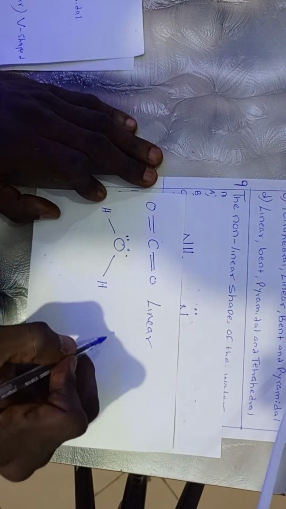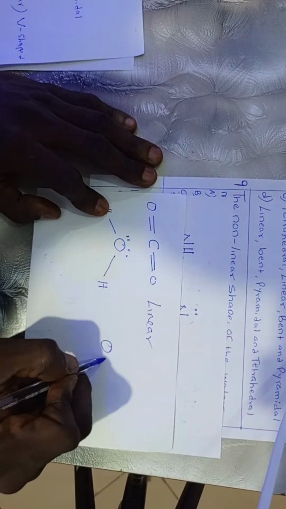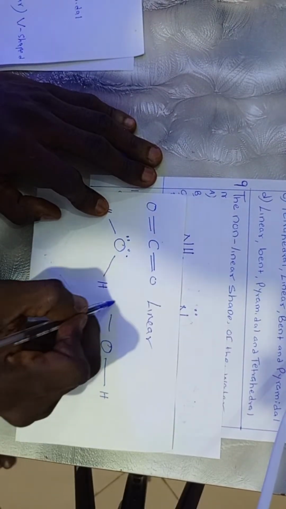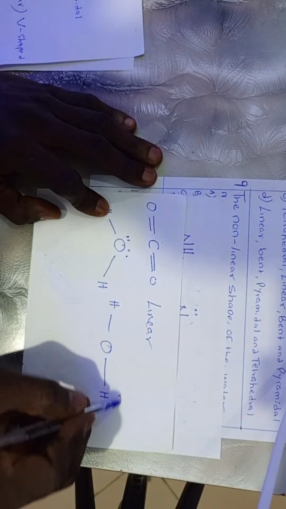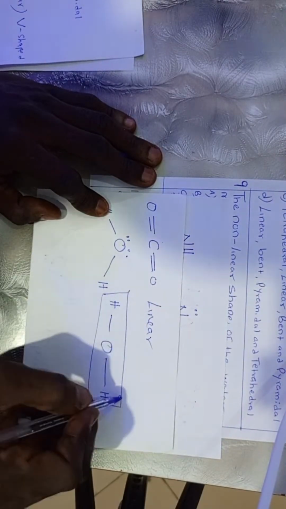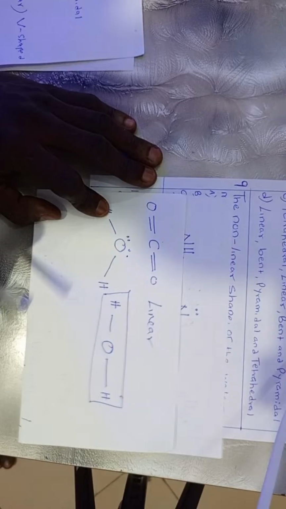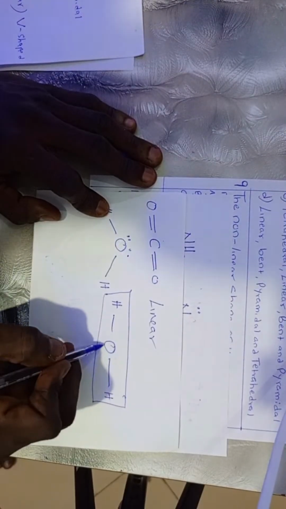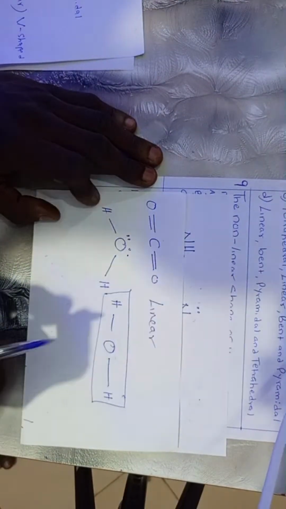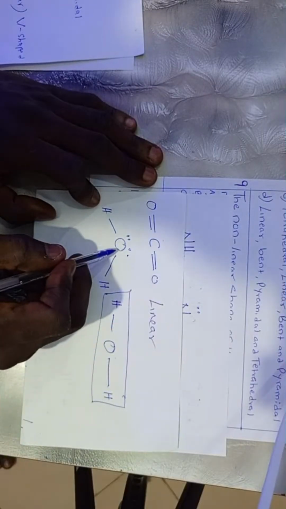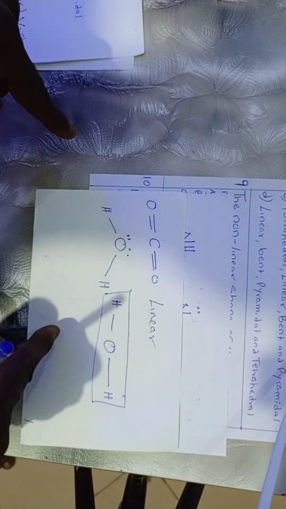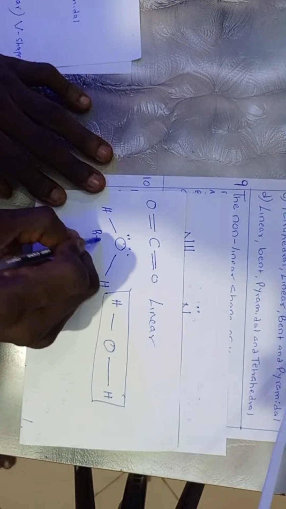It would have looked just like this. You would have had O, H, and H. So water would have looked straight or linear, that is, if there were no lone pairs of electrons on the oxygen. But due to the presence of the lone pairs, the geometry becomes pushed downwards, making it bent.